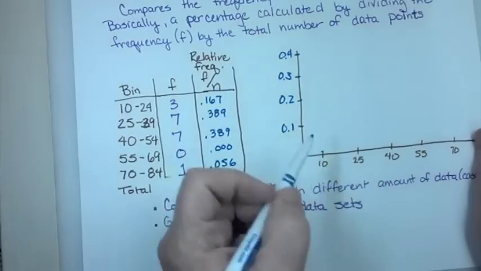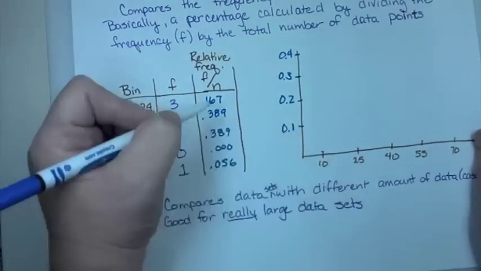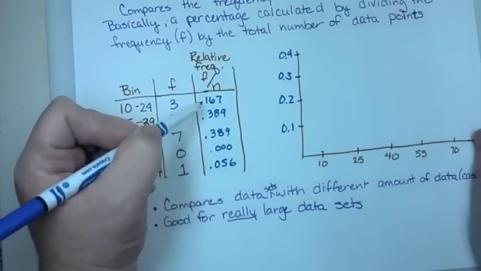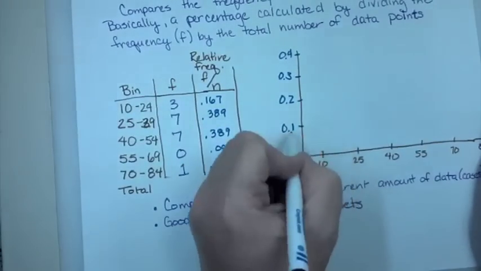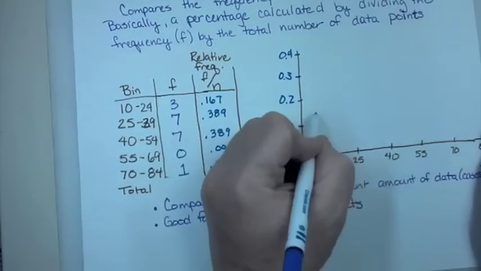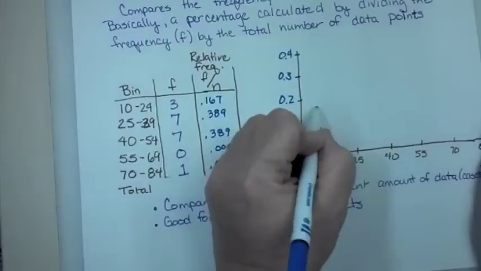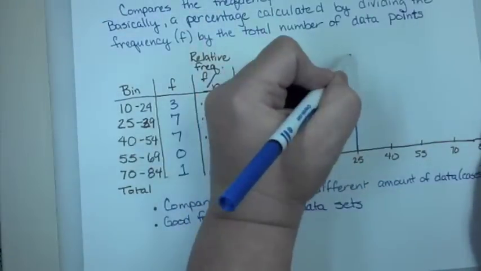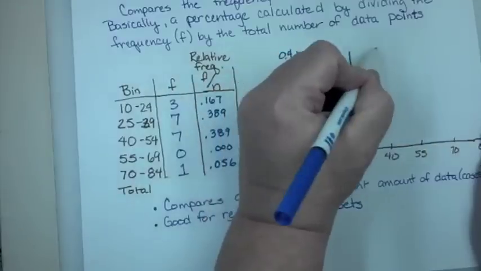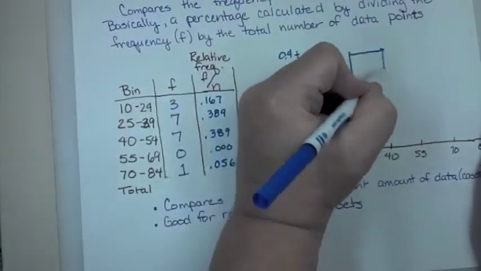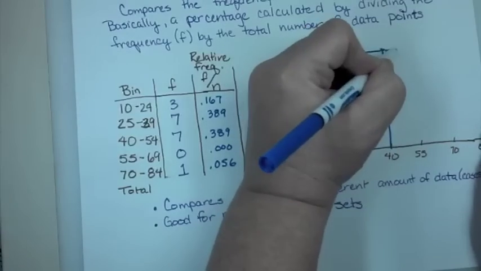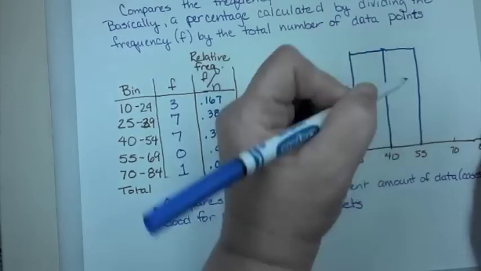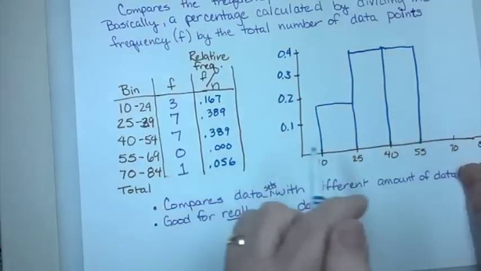Okay. And I'm going to do my bins just the same as I did before. 0.1, that's up. That's kind of a little bit closer to 2. Okay, this one's all the way up to 0.4, almost. And so is the next one. And then this one is 0, so there's nothing there.